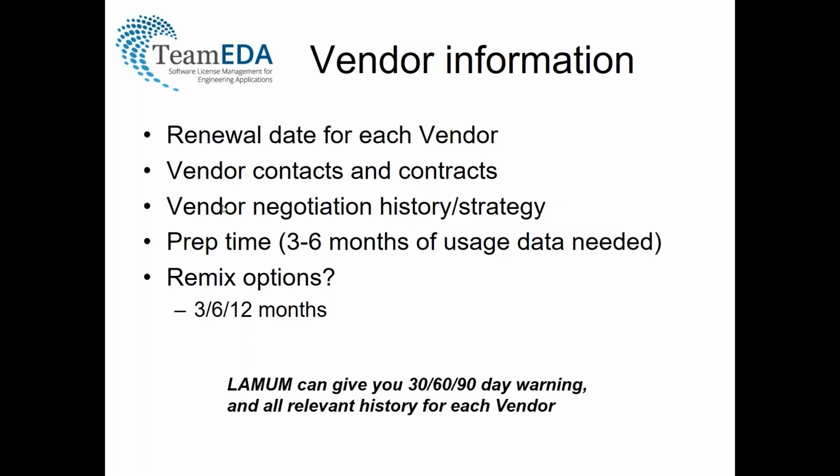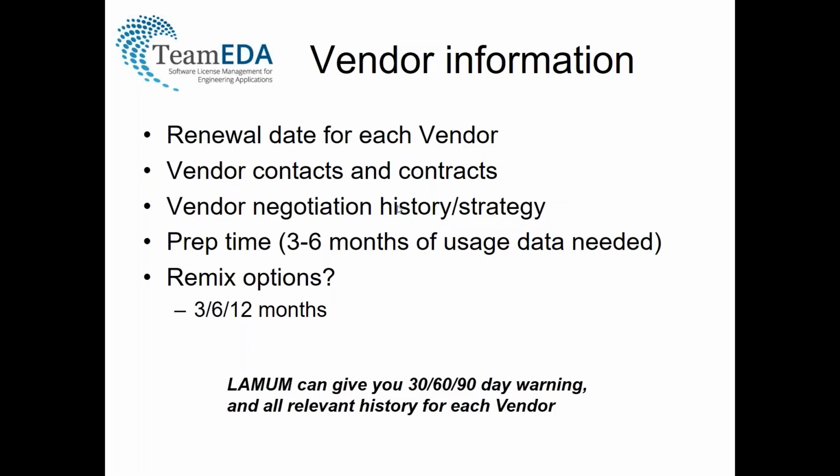You need to prepare to negotiate. Each renewal, you need to meet with the vendor and determine what's the best course of action. You need to develop a strategy. If you want to effectively negotiate for your best deal, you need to have a strategy going into it. And you need to look at the history of that vendor in advance. So you need time to prepare to negotiate with that vendor.